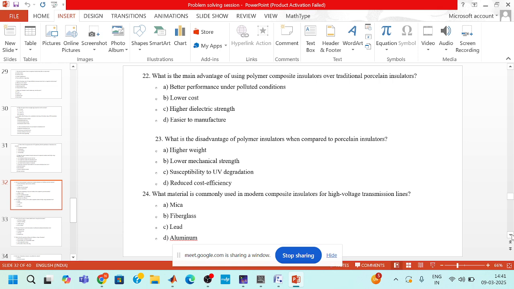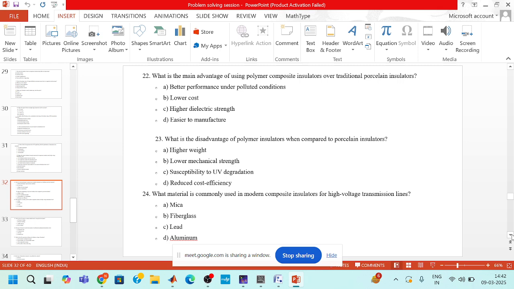What is the disadvantage of polymer insulators when compared to porcelain insulators? Options are higher weight, lower mechanical strength, susceptibility to UV degradation, and reduced cost efficiency. B or C, madam. C. Yes, option C is correct. Susceptibility to UV degradation is the disadvantage of polymer insulators.